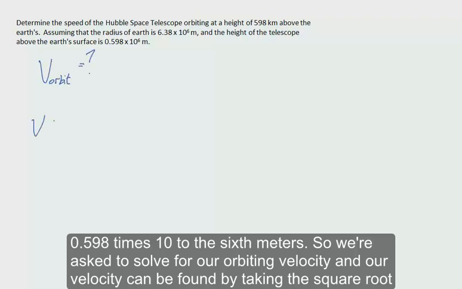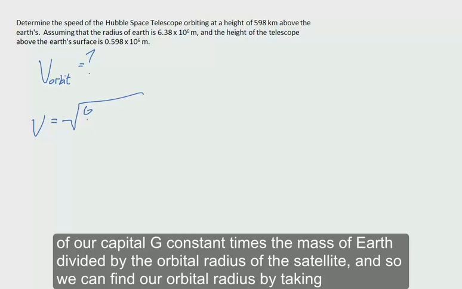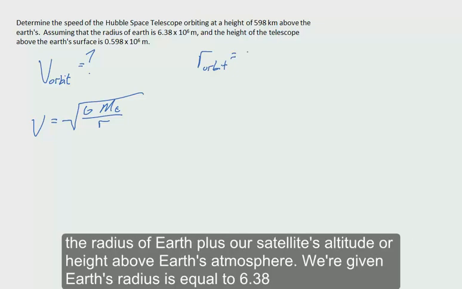And our velocity can be found by taking the square root of our capital G constant times the mass of Earth divided by the orbital radius of the satellite. And so we can find our orbital radius by taking the radius of Earth plus our satellite's altitude above Earth's surface.